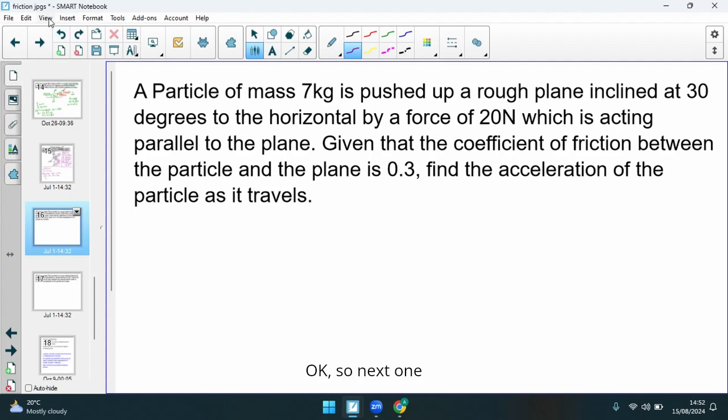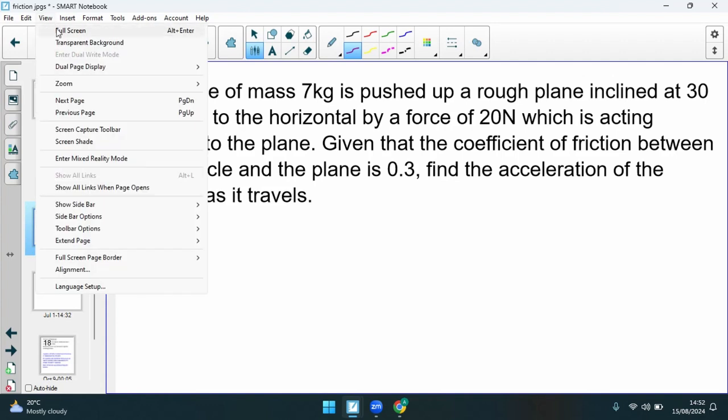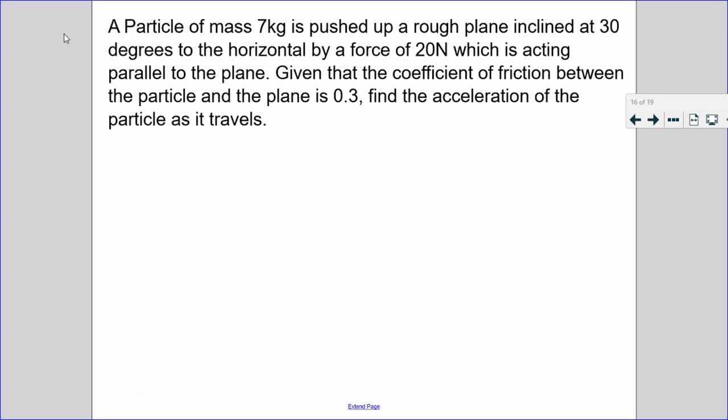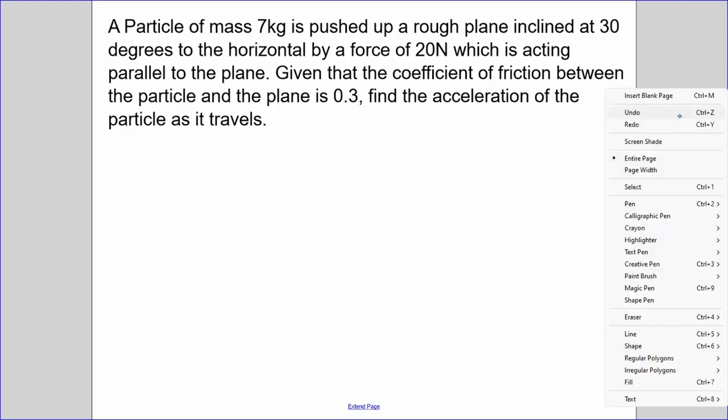Okay, so next one. Again, pause the video, draw a diagram with all the forces, and try to resolve it, and then resume, and you can go through it with me.